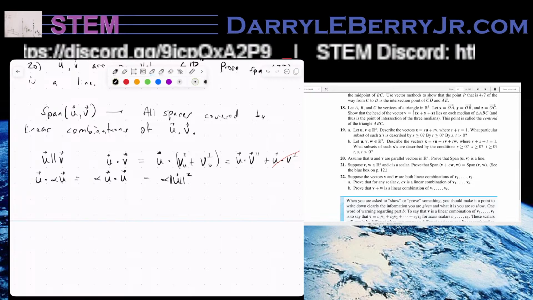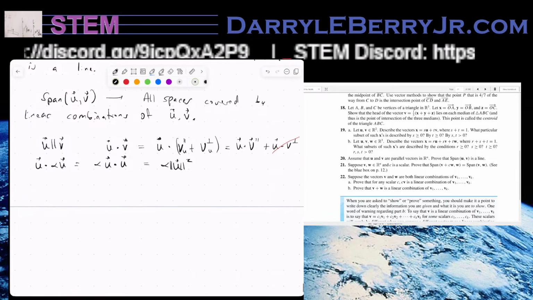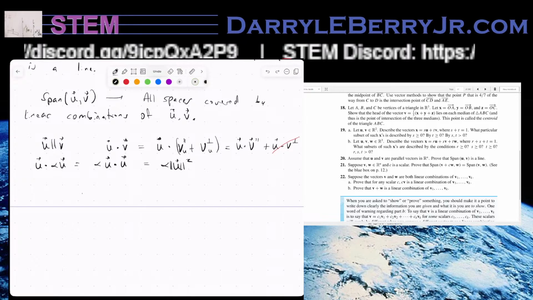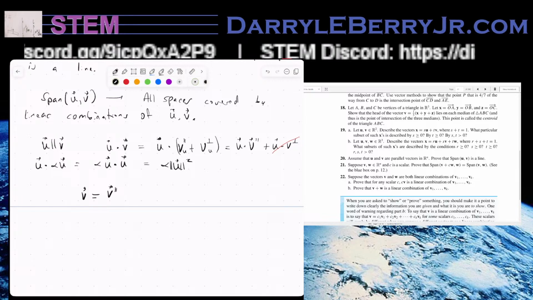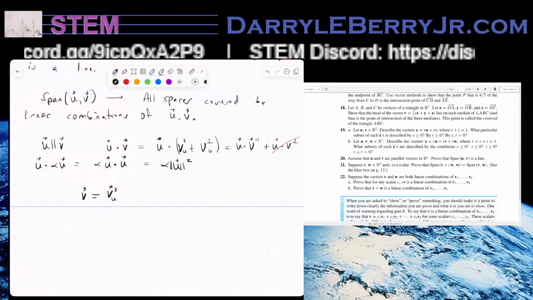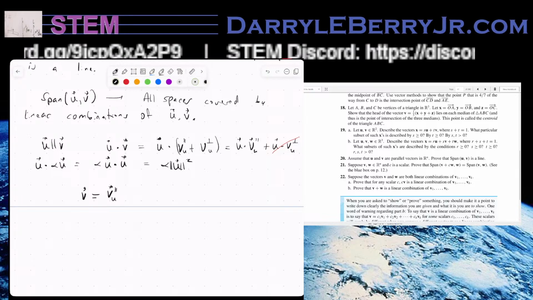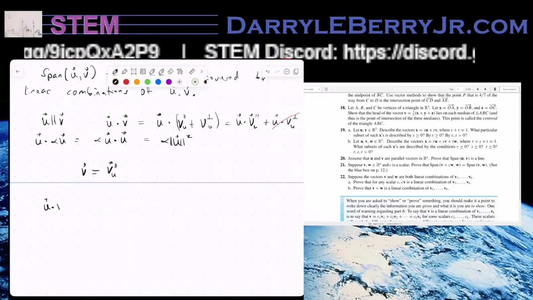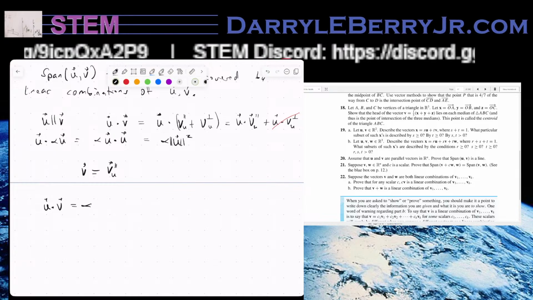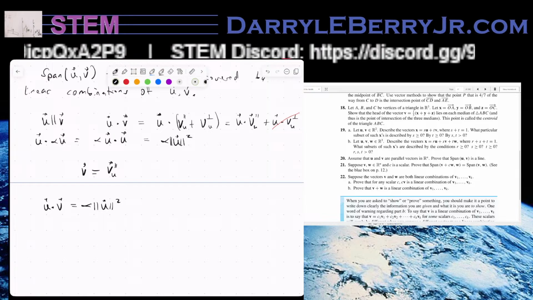So we know that they're going in the same direction in that case, but since they're parallel, v equals v parallel to u. Since they are parallel, v equals that. So that means that u dot v also equals the scalar times the magnitude of u squared.